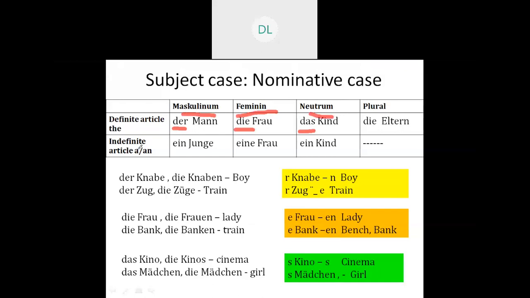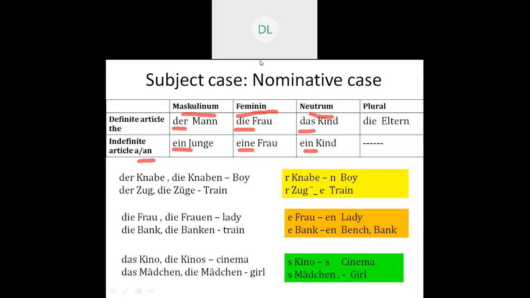On the same grounds, the indefinite article, that is 'a' or 'an': ein Junge, eine Frau, ein Kind. So that is eine and ein, they all mean 'a' only.